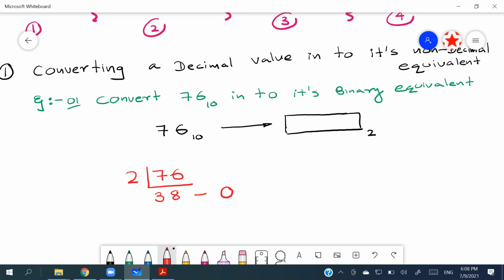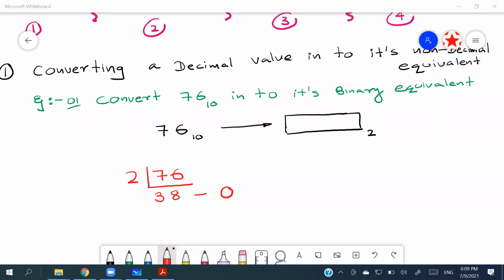So that is the technique. You take the decimal value, divide it by the base you are asked to convert to, then write the answer, put a dash, and write the remainder. It doesn't matter whether it is a 0 or a 1, you have to write it. You can't omit it by thinking there is no remainder. If it is 0, you write the 0. If it is 1, you write the 1.